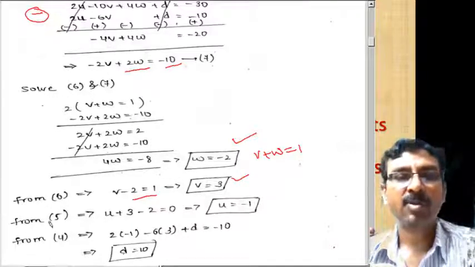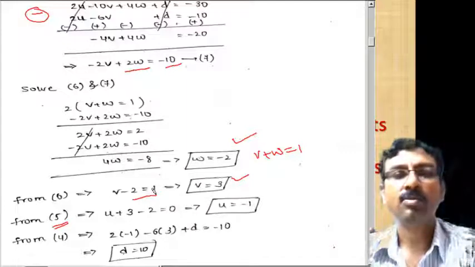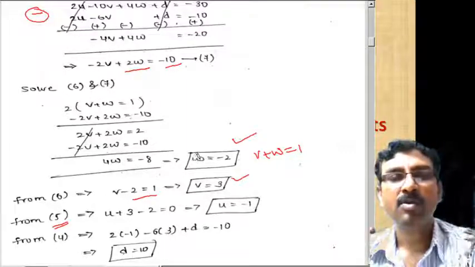And from equation 5, in equation 5 we have u also. So we are selecting an equation having w, v and u. Don't go to d. Why? Because we don't know the d value yet.